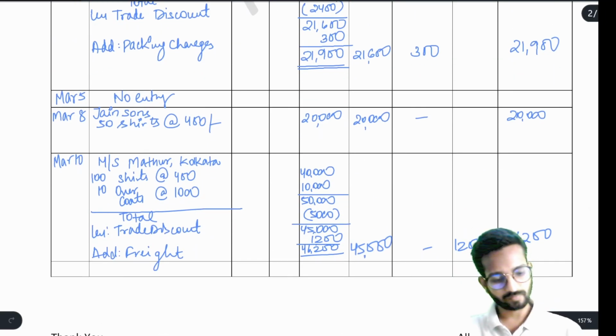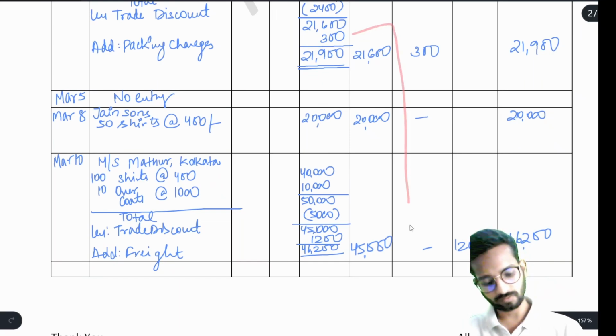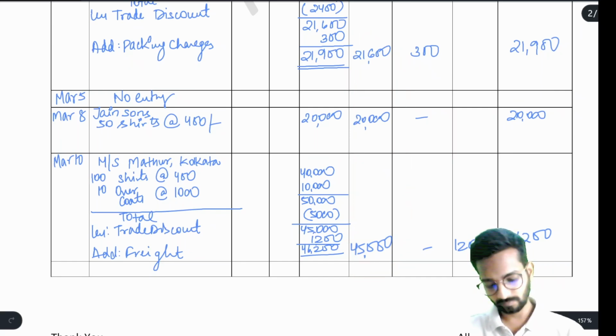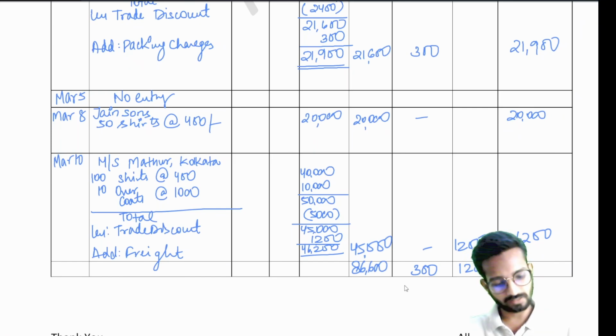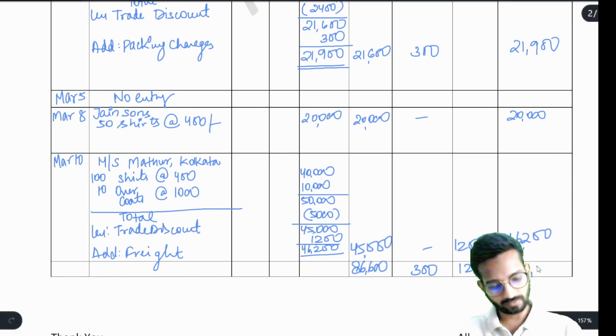Total will be as 21,600. These column totals will be 86,600. Here will be 300. Here will be 1,200. So 1,500 extra, 87,600, 88,100 is your total.